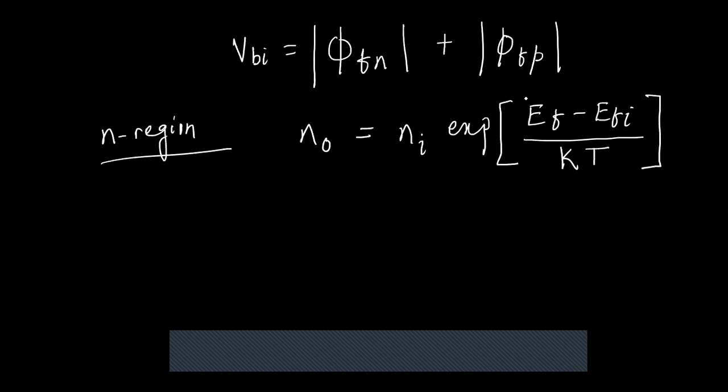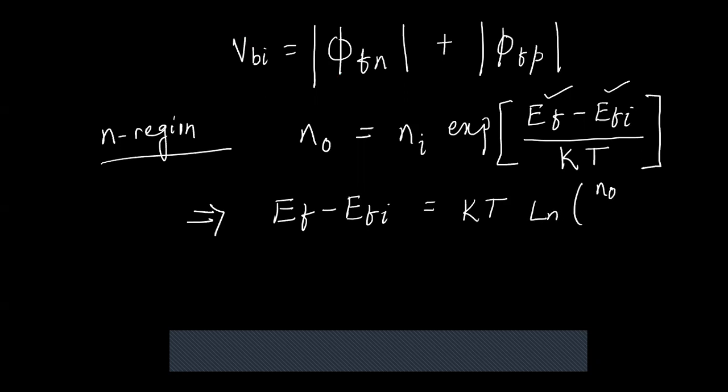So I need this EF minus EFi as phi F, the gap in the energy, so that I can write it in terms of e phi Fn. Make EF minus EFi the subject. It can be written as kT times ln of n0 divided by ni.